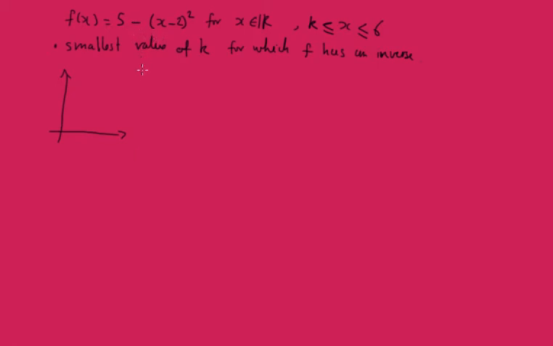The maximum value must be when x equals 2, because this will turn into 0, and so that'll be at (2, 5). So let's put this here, (2, 5).